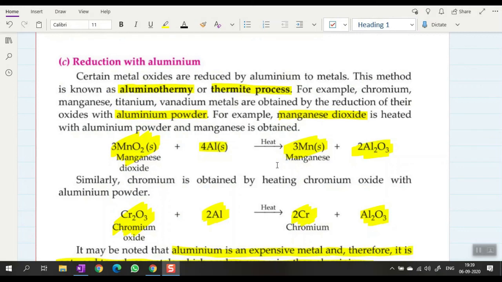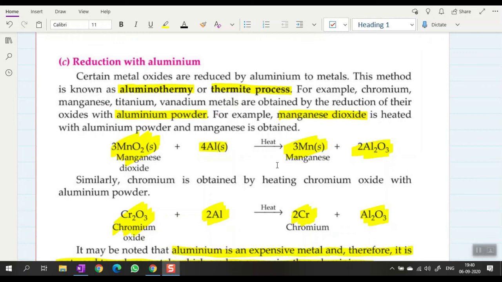It forms so much heat that the iron oxide which is extracted into its pure form, that is iron, melts when the extraction process ends because of this highly exothermic reaction. So I have a couple of videos to show you.